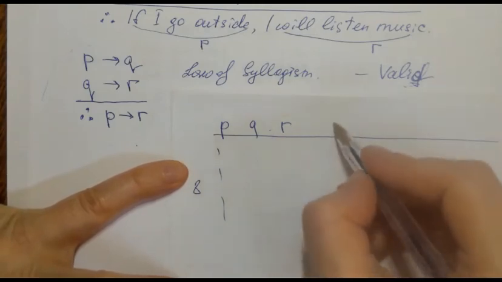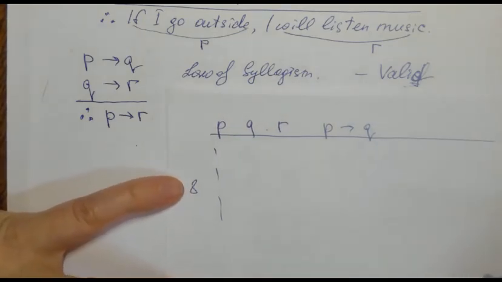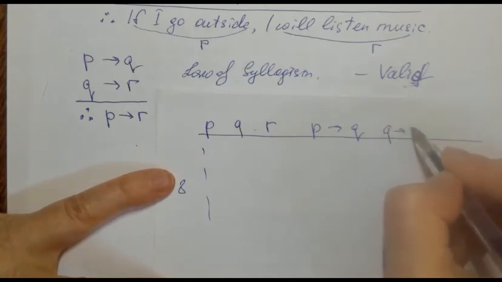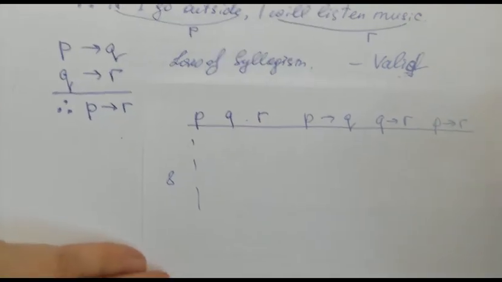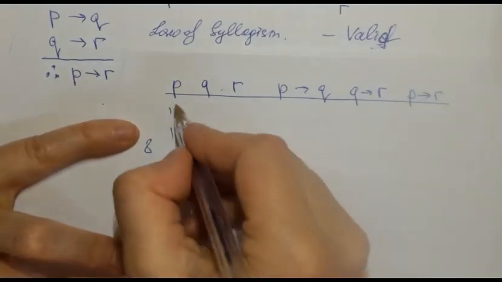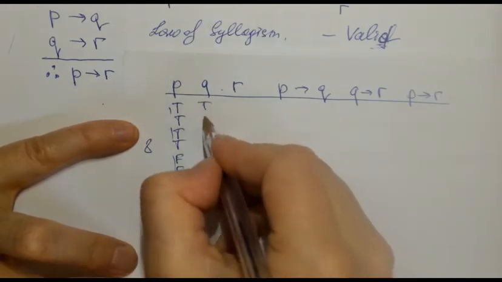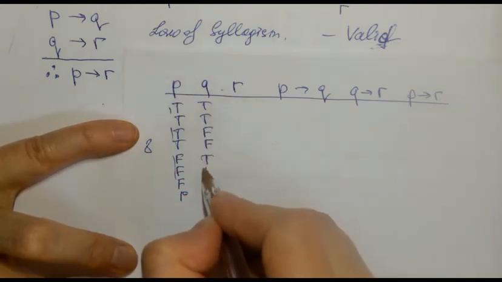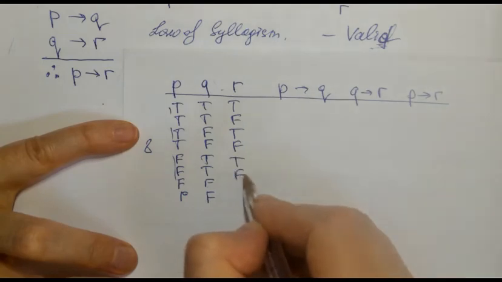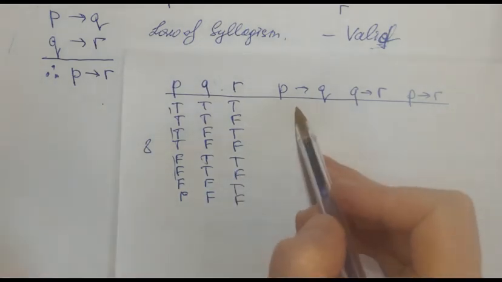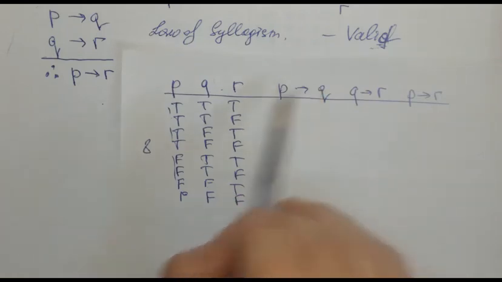And then we will need a column for the first premise, if P, then Q, a column for the second premise, if Q, then R, and a column for the conclusion, if P, then R. So true, true, true, true, false, false, false, false, true, true, false, false, true, true, false, false, true, false, true, false, true, false, true, false.